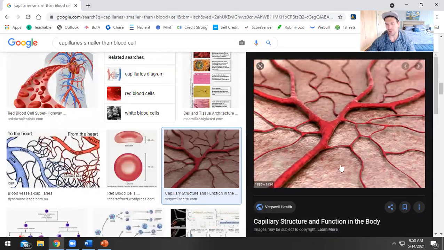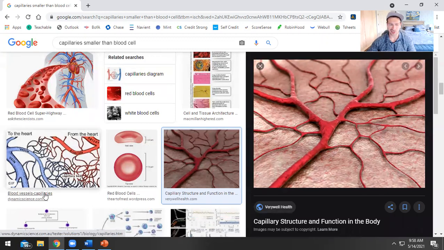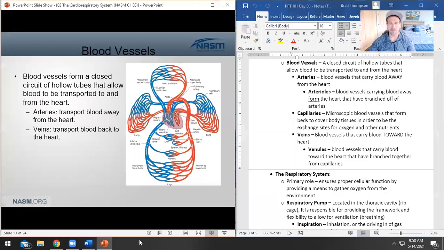There we go. This is exactly what I was looking for. You can see here's a capillary bed covering a tissue, right? Now, you'll notice I've got two other little definitions here. There are small versions of arteries. As an artery is branching down smaller and smaller before it becomes a capillary, we'll call it an arteriole.